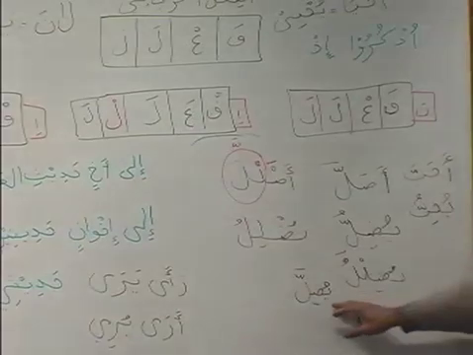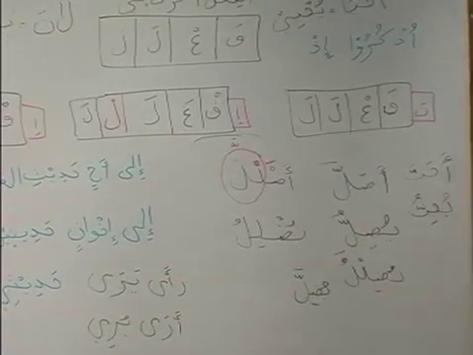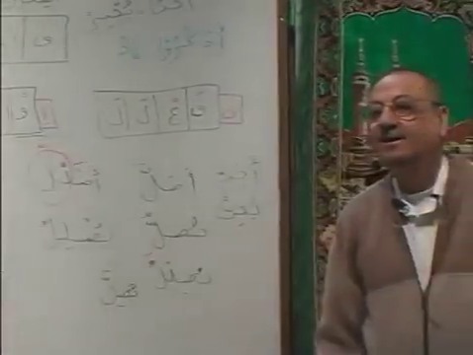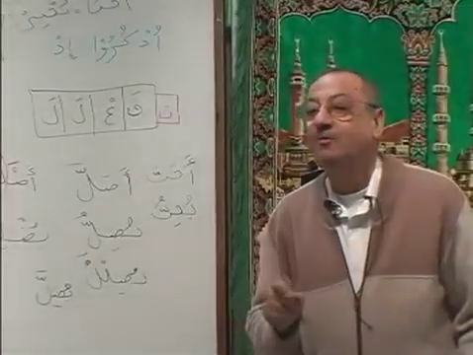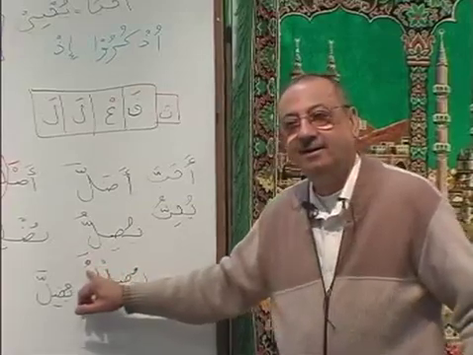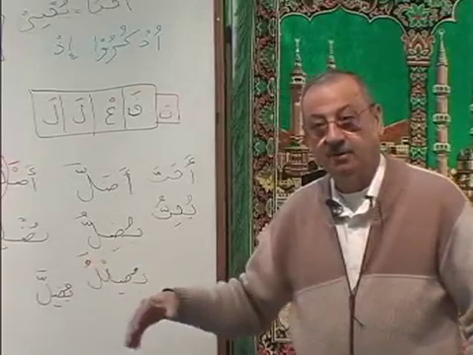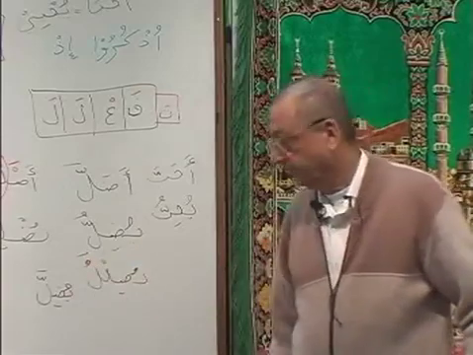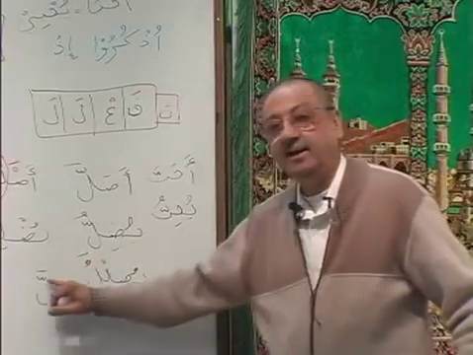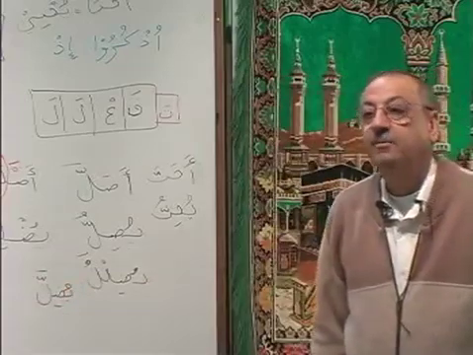I want you to define this. How will you define it? Fi'lun, mudhari'un, majzoomun, wa alamatu jazmihi, as-sukunu muqaddara. Because you know that there is a sukoon there, which we change into fatah for our reason of pronunciation. So yudilla is majzoomun bi sukunil muqaddara.